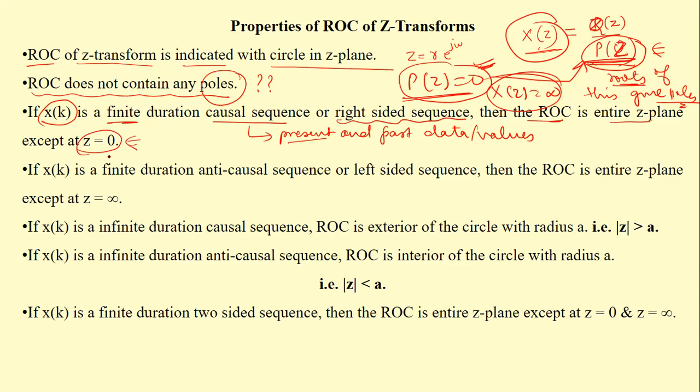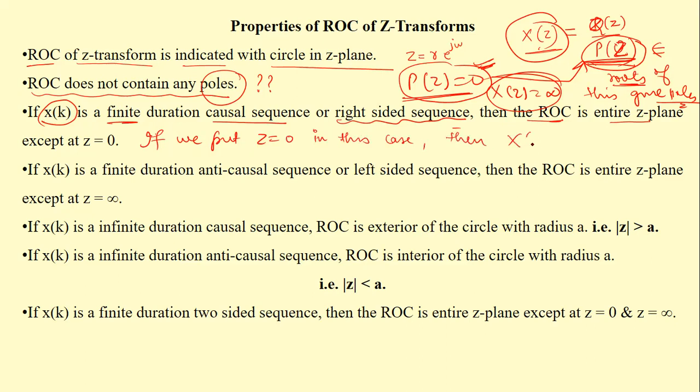That means if we put z is equal to 0, then X(z) will be infinite. So in such cases where we have a causal sequence of finite duration, we will say that this will converge for all the values of z, but not for 0.